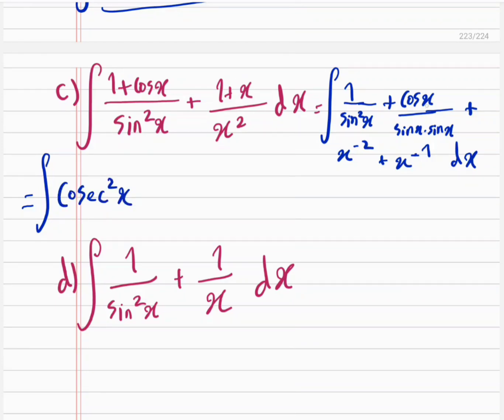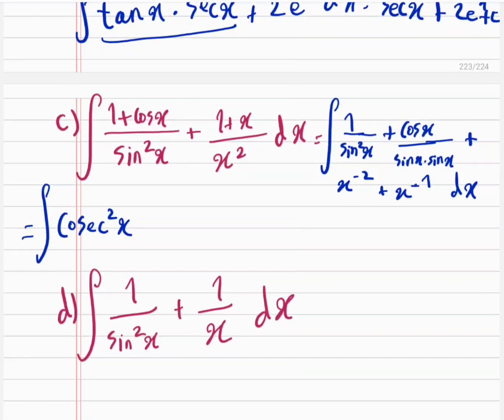And then we have the second term, and as I said, we can think of this as 2 different terms. I'm just going to quickly write that, because we have multiplication on the denominator, so we can split that and have it in this form. So cos x over sine x times 1 over sine x. And because of that, we know that cos x over sine x is just cot x.